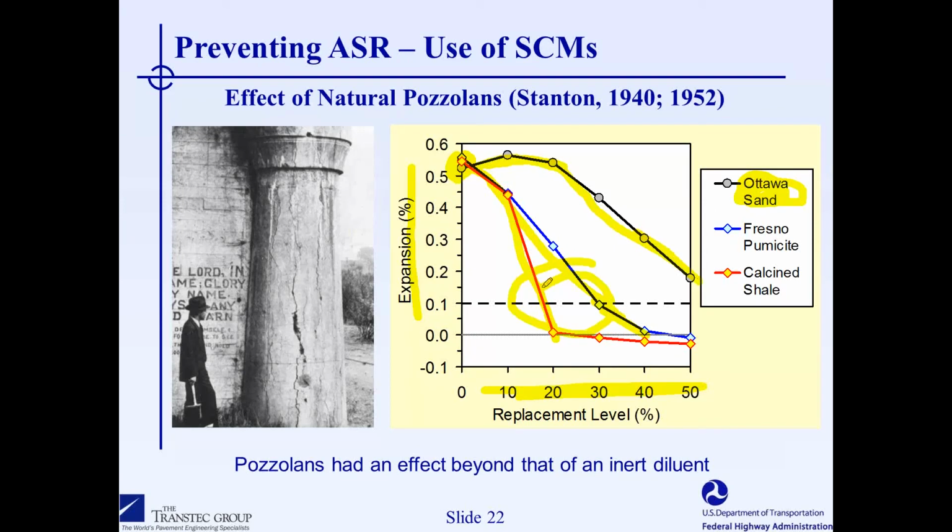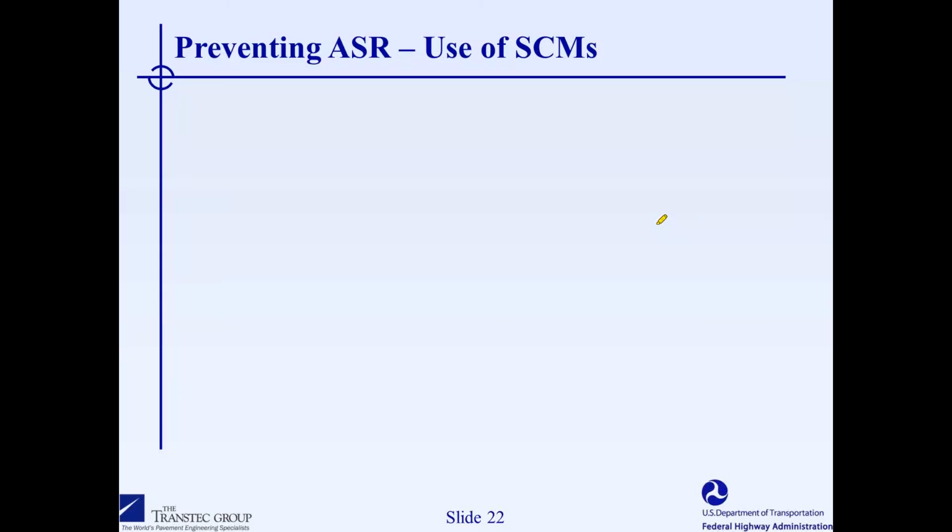But as you can see, the pozzolans are having a far bigger effect than just straightforward dilution of the cement, meaning that the pozzolans are having a benefit of controlling ASR beyond mere dilution.